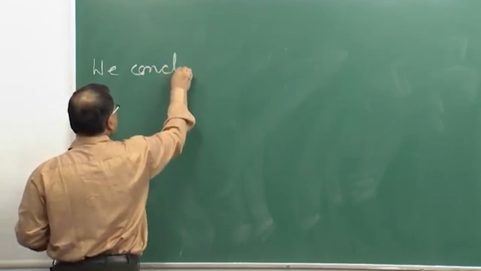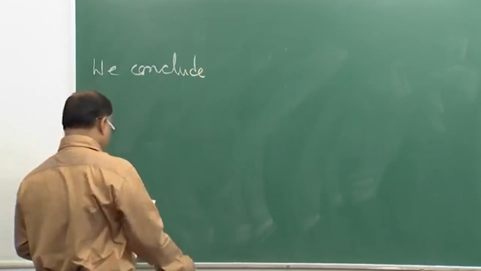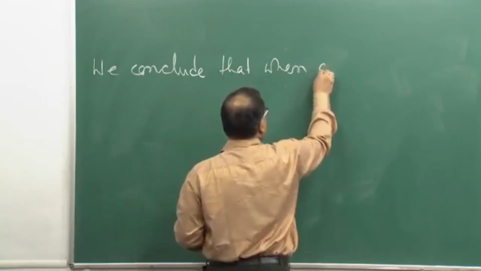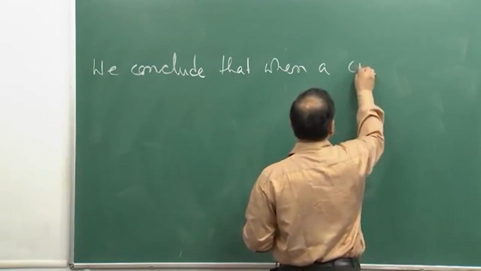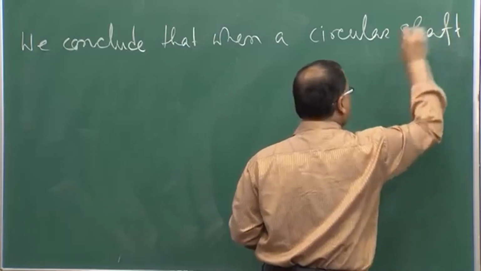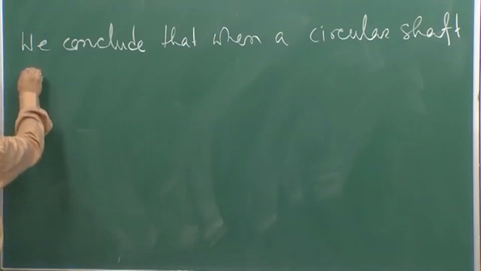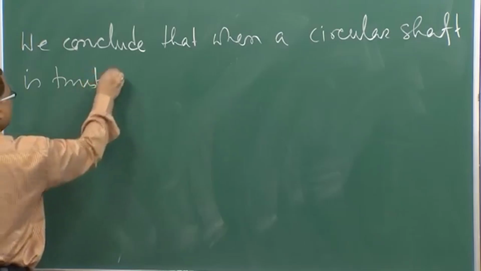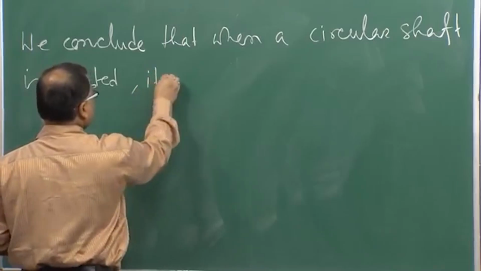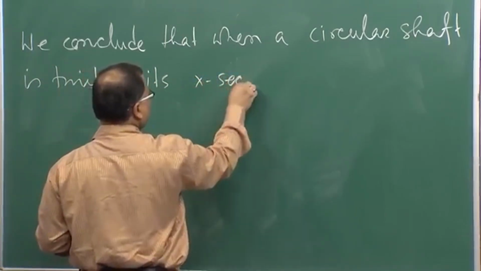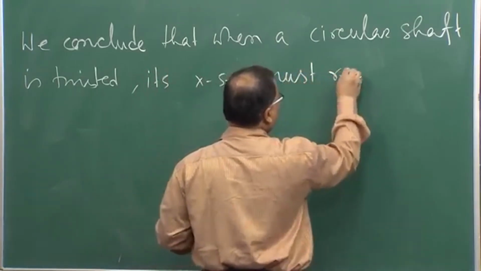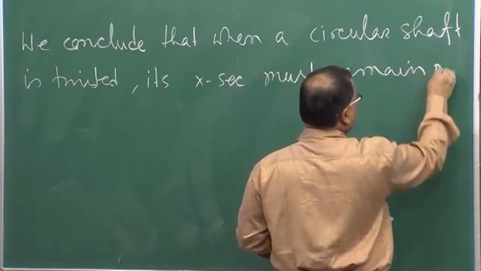Based on this discussion, we conclude that when a circular shaft is twisted, its cross section must remain plane.